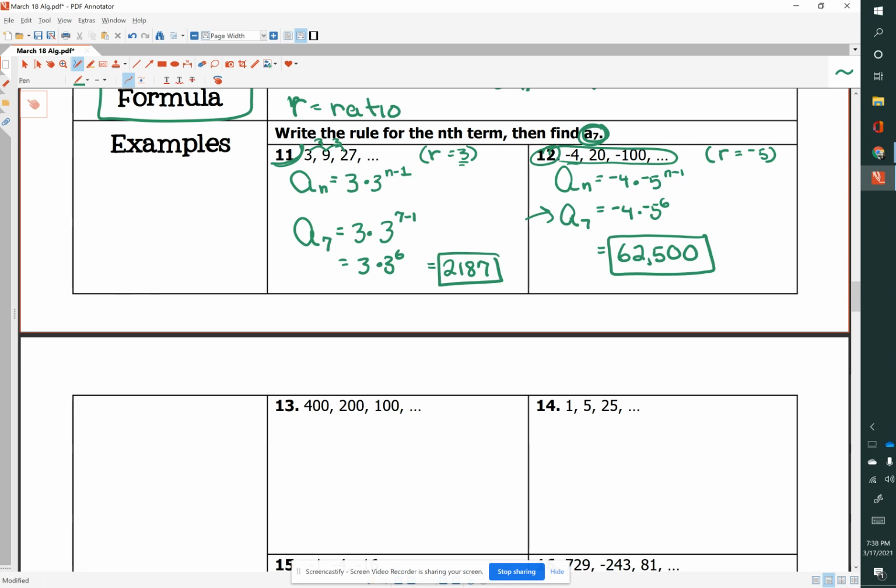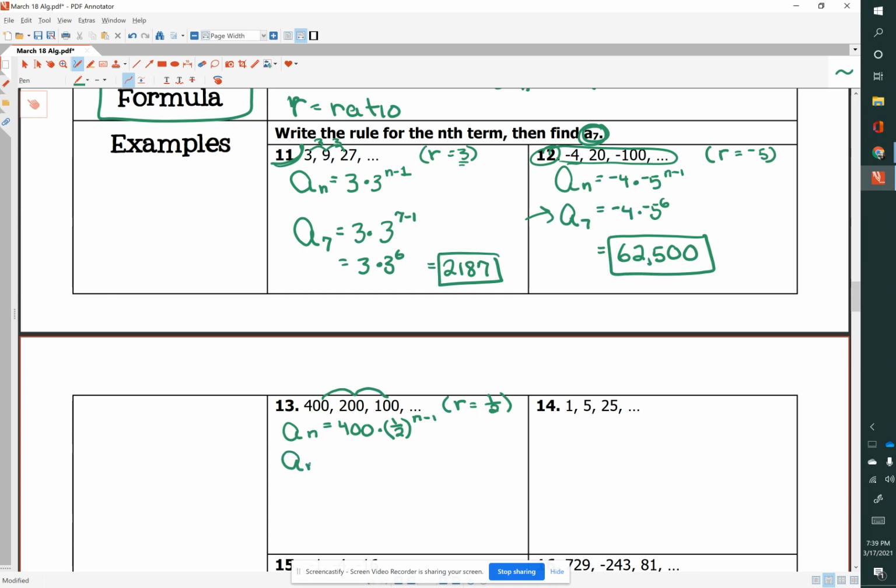So let's go on to number 13 and 14. Maybe you'll try them on your own. It looks like we're going from 400 to 200 to 100, which means that our common ratio is 1/2. We're multiplying by 1/2, or dividing by 2. So our generalized formula, a sub n, will be 400 times the common ratio of 1/2 raised to the n minus 1 power.